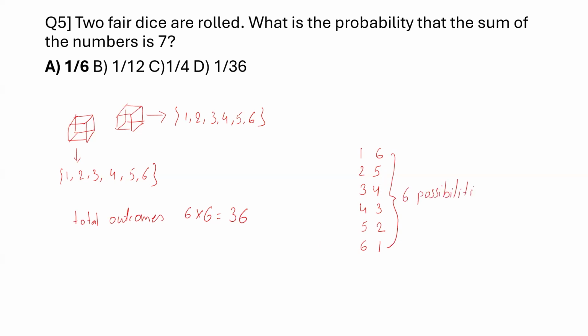You just have to count all the possibilities. So the probability of sum equal to 7 is 6 upon 36. If you cancel, you will have 1 upon 6. Again, the correct option is A. Is that fine?